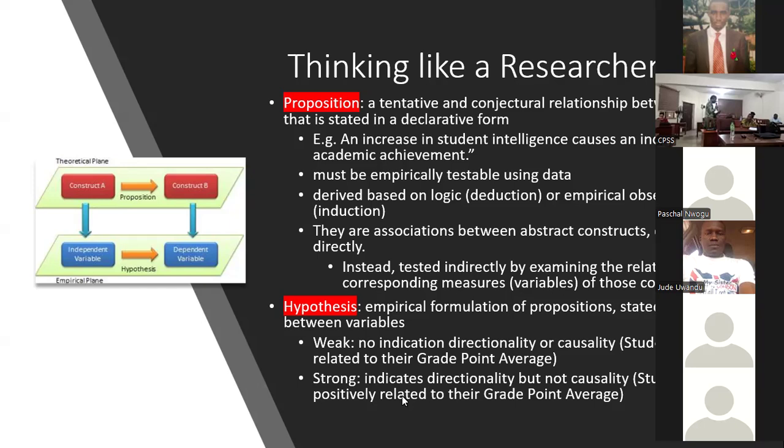If socioeconomic status goes up, participation goes down. That is what I mean by negatively related. So if I have a hypothesis that indicates the direction of the association, then I have what we call a strong hypothesis.